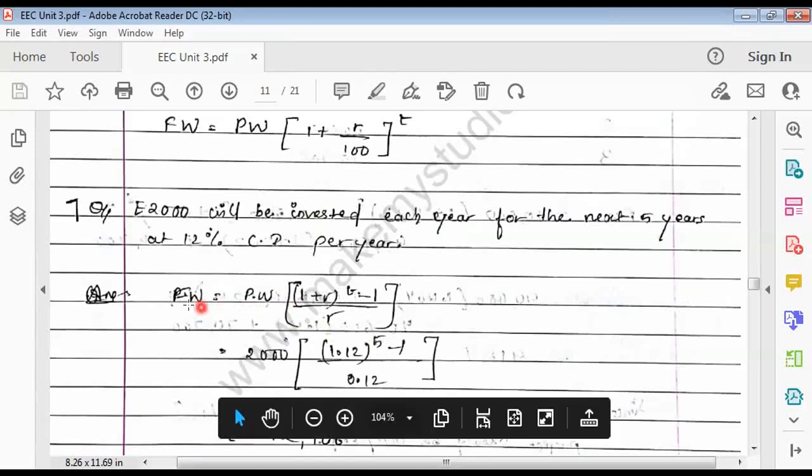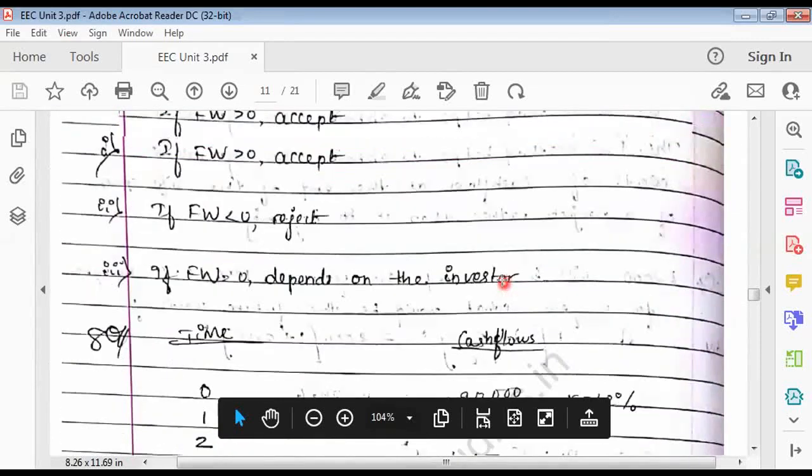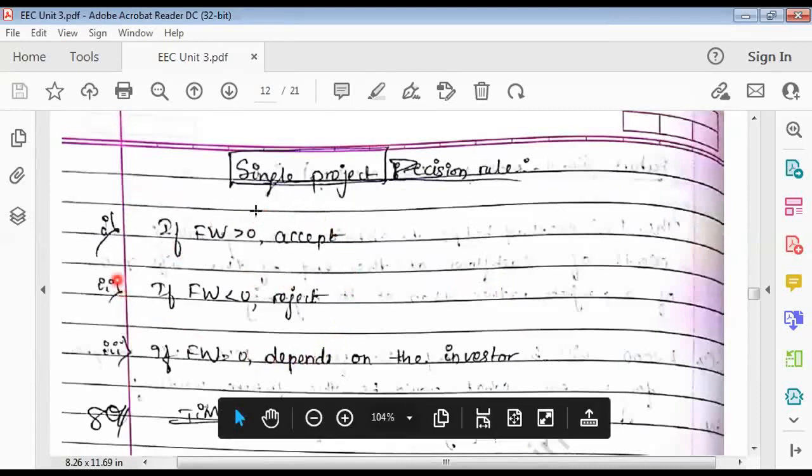So remember this: FW is equal to PW times (1 plus R) to the power T minus 1, whole divided by R. And we have discussed two numericals. Another thing you need to remember: for single projects, you must apply these rules. FW greater than 0, accept; less than 0, reject; and FW equal to 0 depends on the investor.